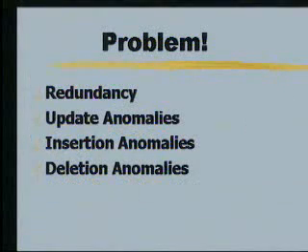The second problem which we are encountering in this particular table is update anomalies. Now, what is update anomalies? What do we mean by having update anomalies? Well, I want to update the telephone number of the student Rohit in my table.